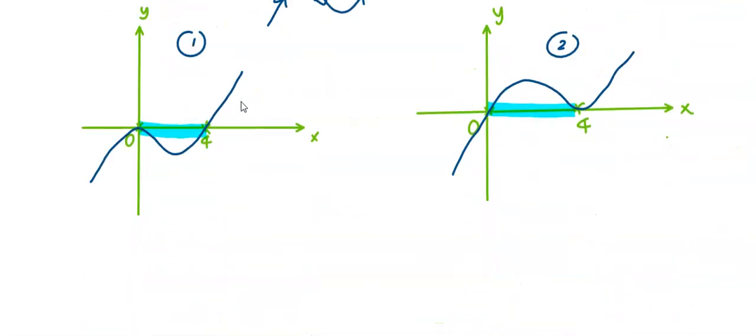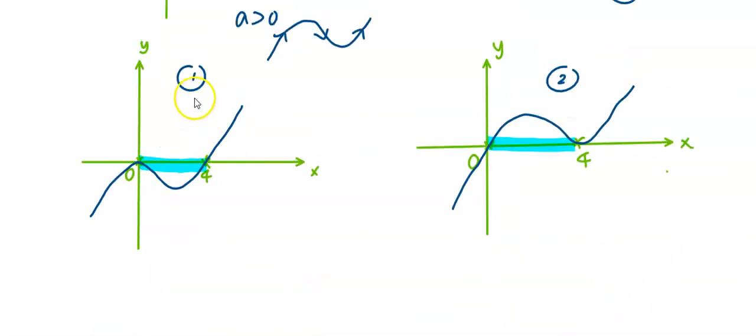Meaning that when x equals 1, y equals negative 9. That means case 1 will happen and case 2 won't happen.